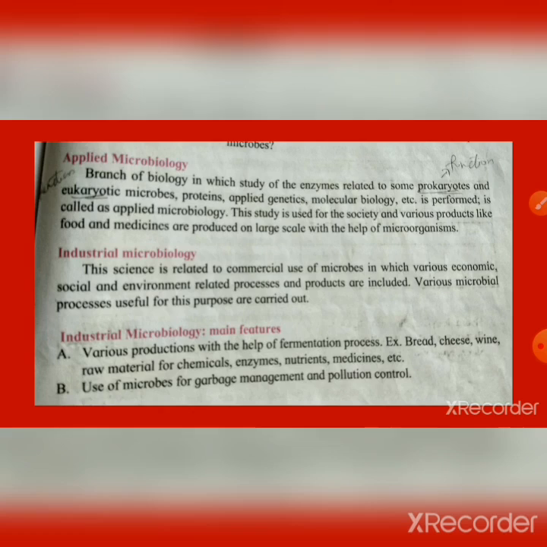Various microbial processes are used for this purpose. Industrial microbiology main features. The first one is the various production with the help of the fermentation process. Example bread, cheese, wine, raw materials for chemicals, enzymes, nutrition, medicines, etc. And the second one, use of microbes for garbage management and pollution control.